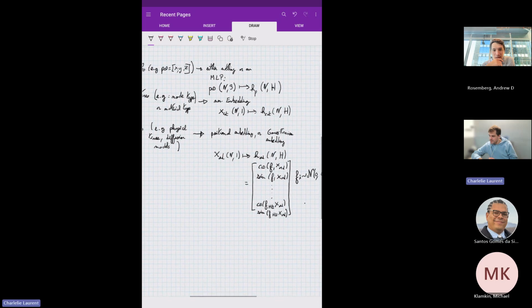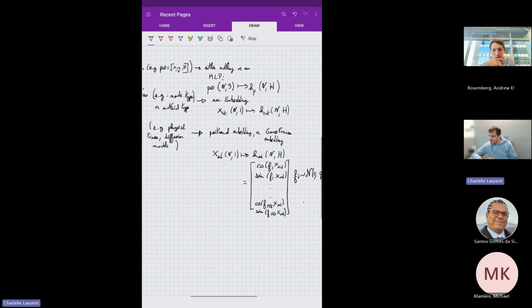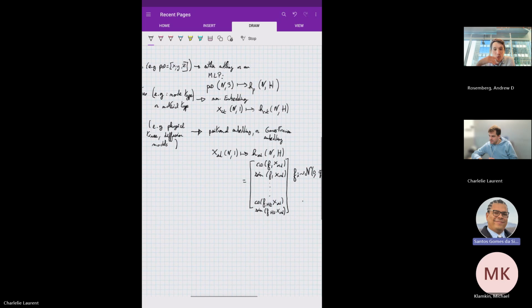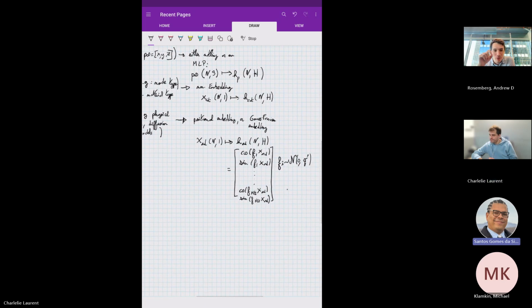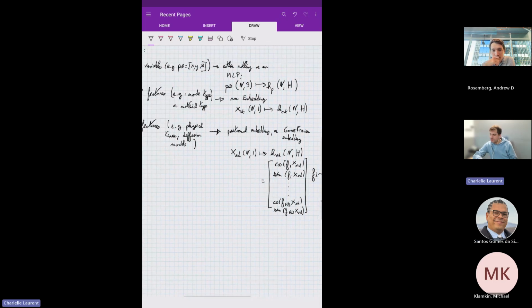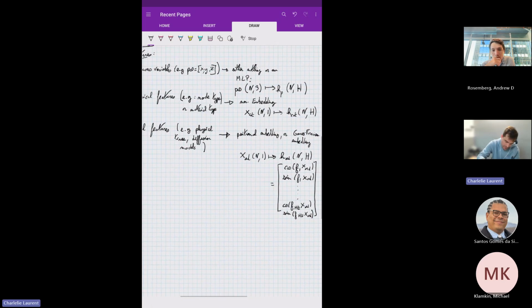Okay. So I was talking about the ordinal features. For example, if you have physical time or diffusion time, it's not diffusion modulus, it's diffusion time.